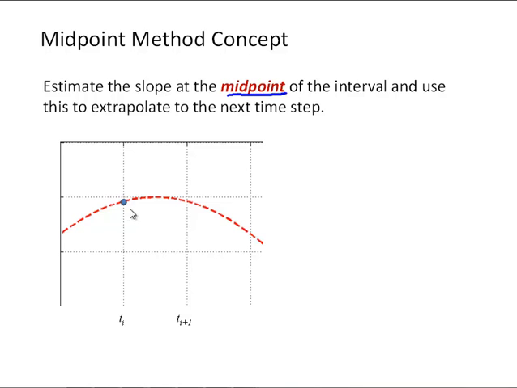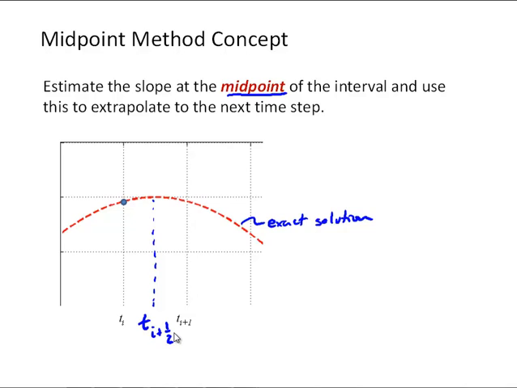So if we are looking at a point along a differential equation, and this is our exact solution, and we want to step from ti to ti plus 1, the first thing we'll do is define that midpoint as ti plus 1/2.